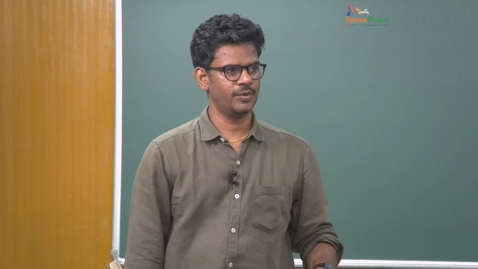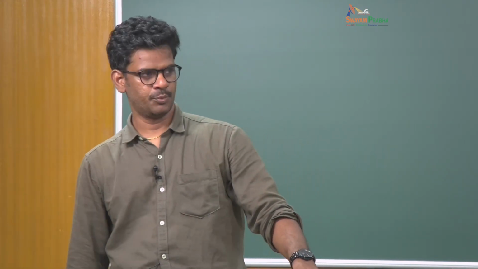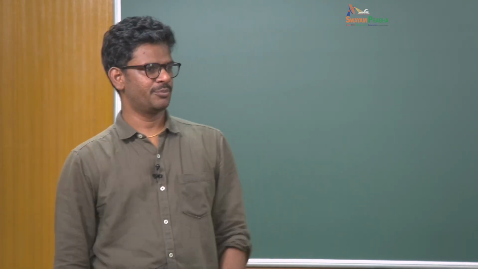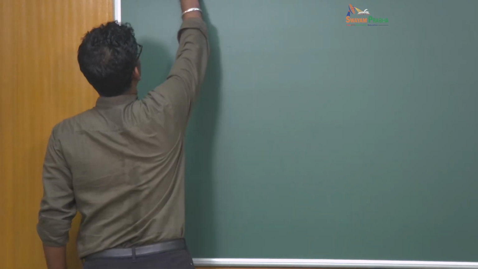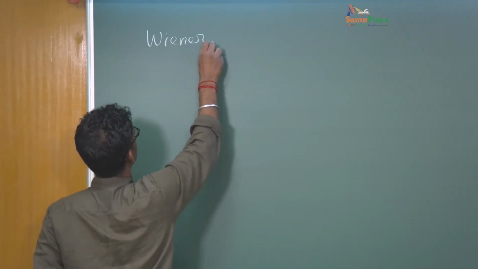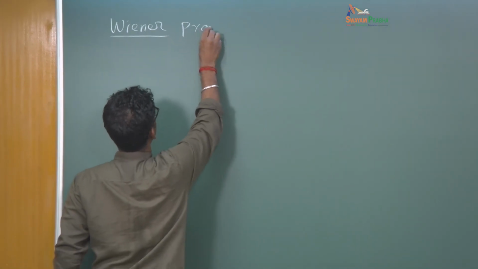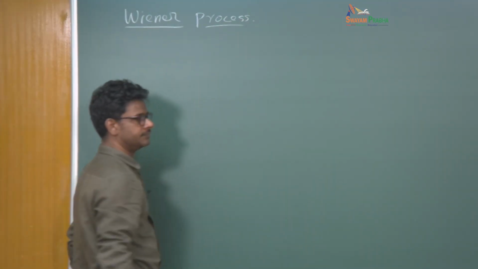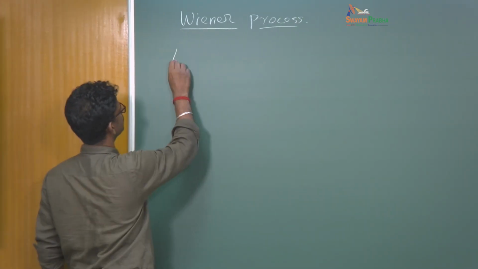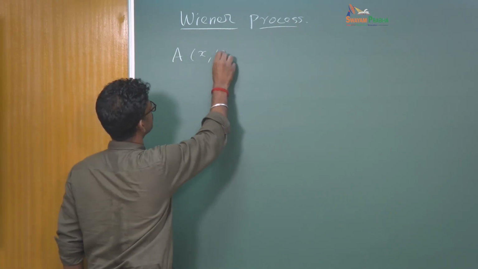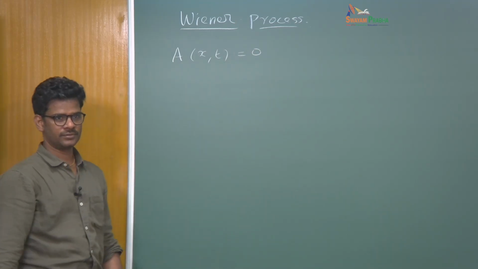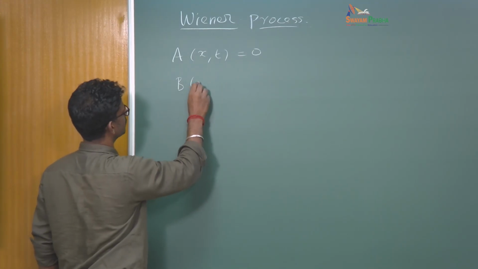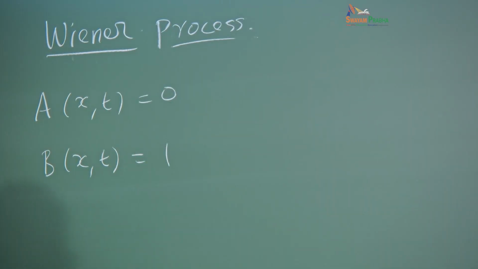Okay, good evening. So, we were looking at a continuous Markov process. One such example was the Wiener process, right? So, the Wiener process is characterized by the characteristic functions a is 0 and b is taken as 1, right?